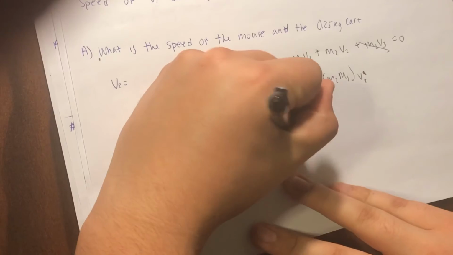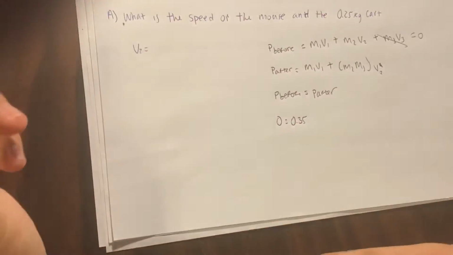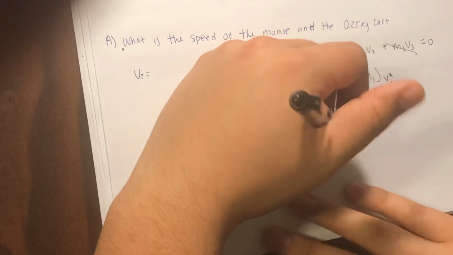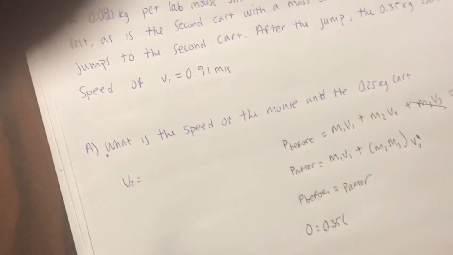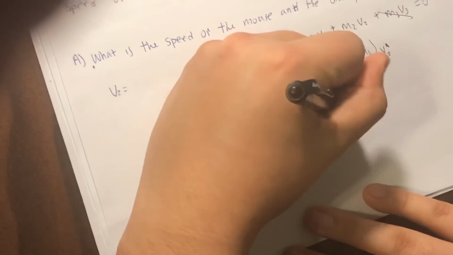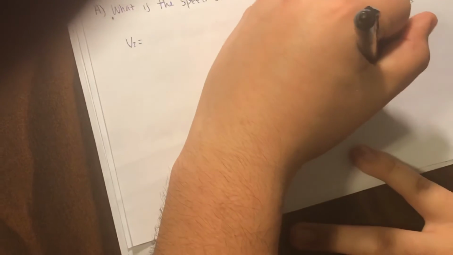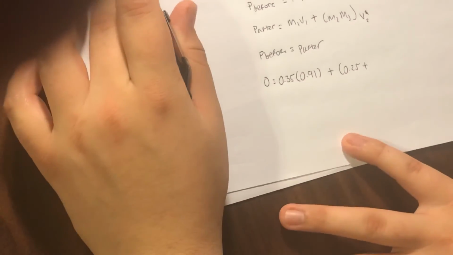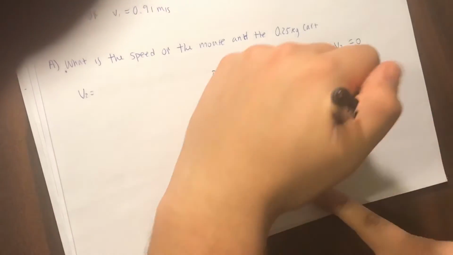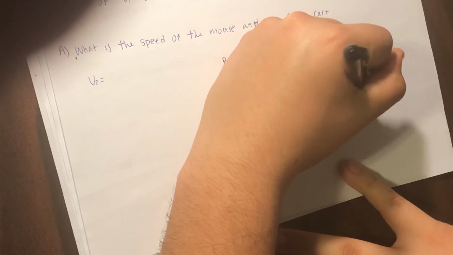So 0.35, which is the first cart, times the initial velocity, which is 0.91, plus cart 2, which is 0.25, plus the mass of the mouse, which is 0.080, times V2.